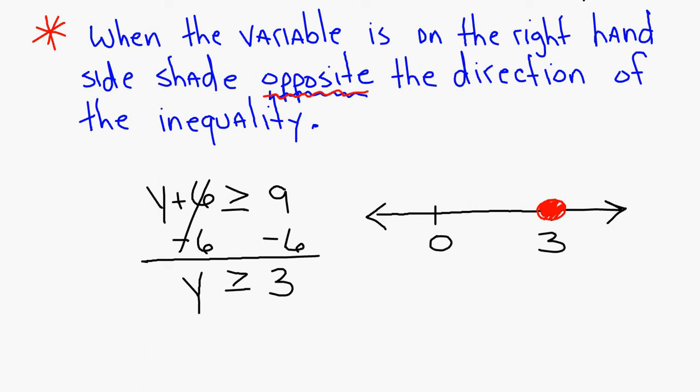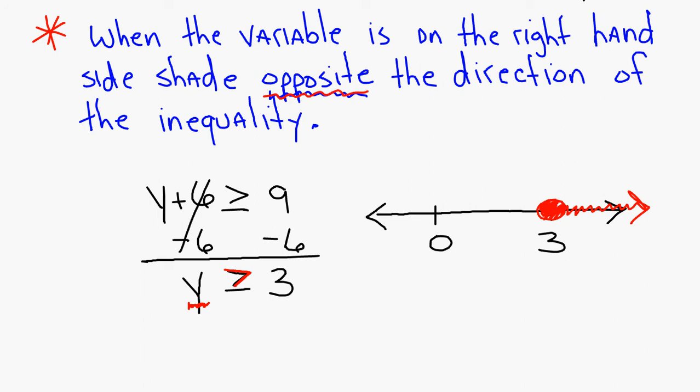When the variable's on the left-hand side, you shade the direction that the inequality is pointing. So in this case, we're shading to the right. You guys understand?